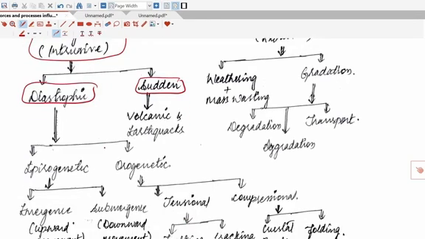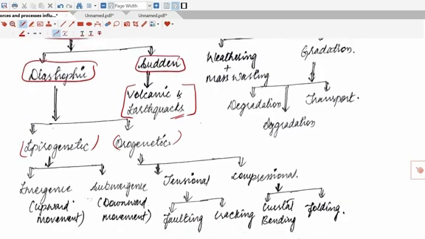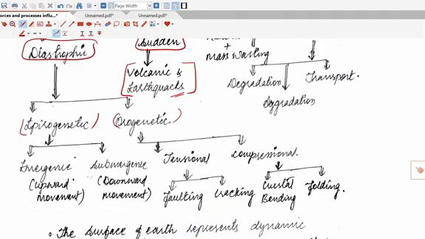Diastrophic is classified as epirogenetic and orogenetic. Sudden forces are volcanic forces and earthquakes. Epirogenetic is classified into two kinds, emergence and submergence. Orogenetic force is classified into two types, tensional and compressional. Tensional force is further classified as faulting and cracking, and compressional into crustal bending and folding.